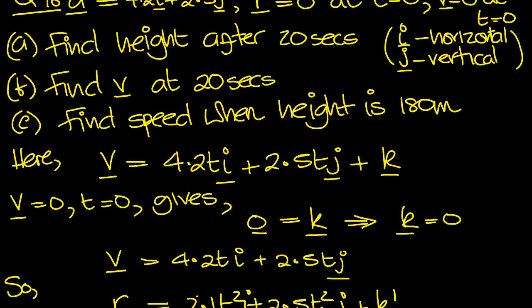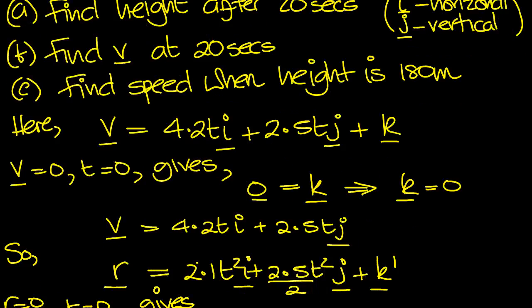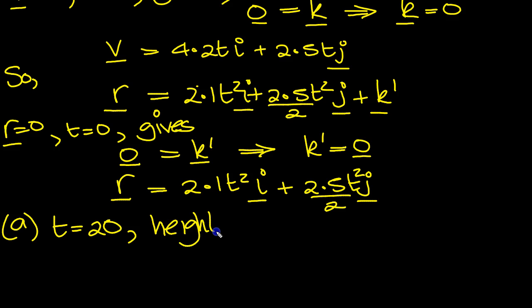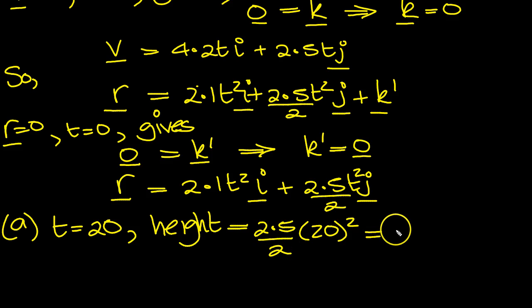So now let's have a look at the question. Find the height after 20 seconds. j is the height, isn't it? So part A, t equals 20. Height will be equal to 2.5, this j component here is the vertical, times t squared, which is 20 squared, 400, over 2. 400 over 2 is 200.